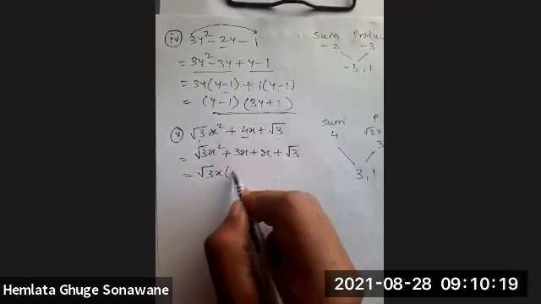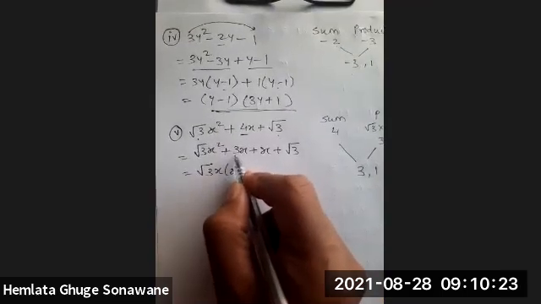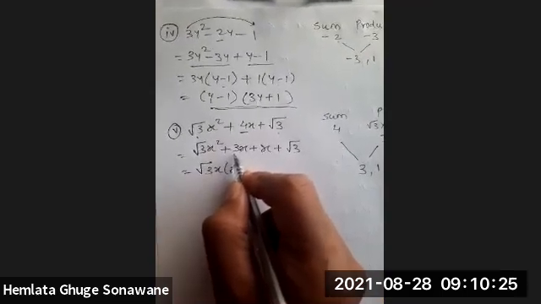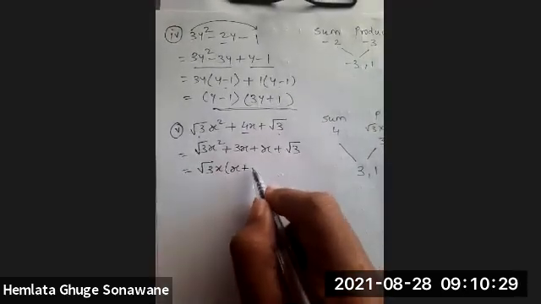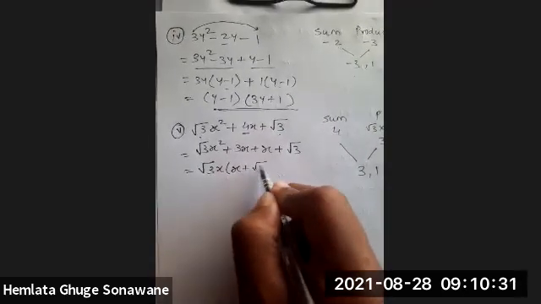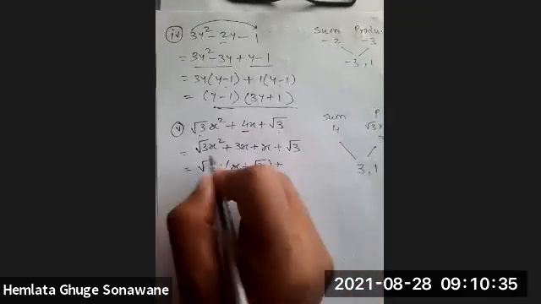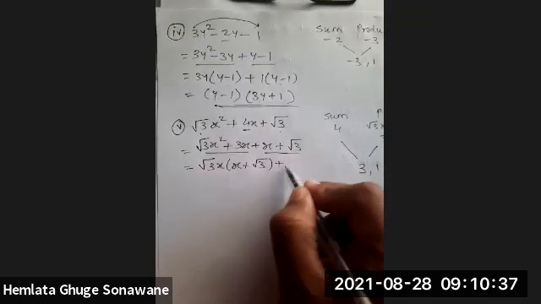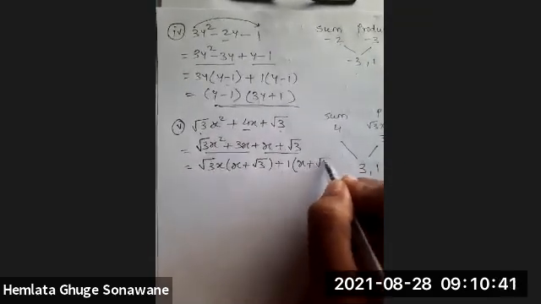We'll write here x plus, and here we'll split 3 into under root 3 and under root 3. Here we have taken under root 3 x, so here under root 3 remains, plus for this we'll write plus 1 and x plus under root 3.